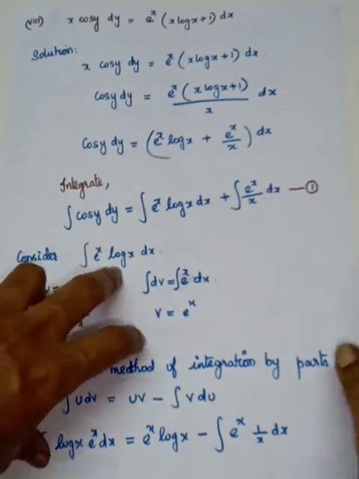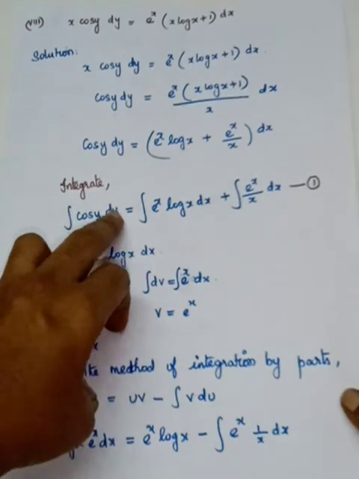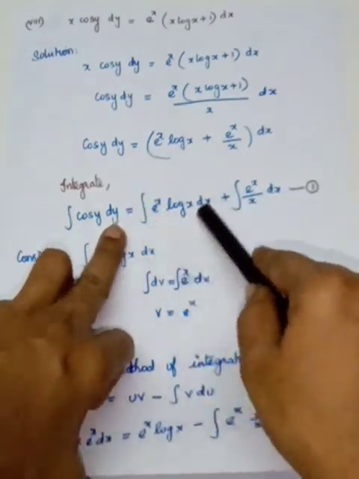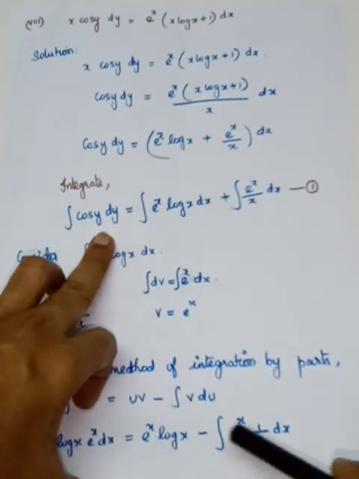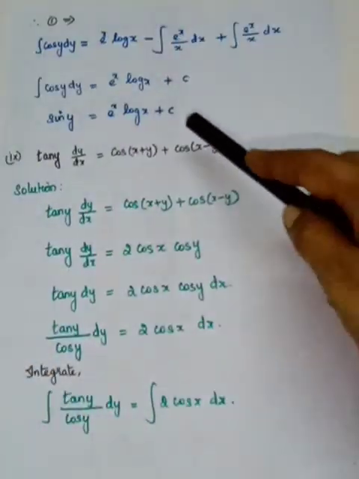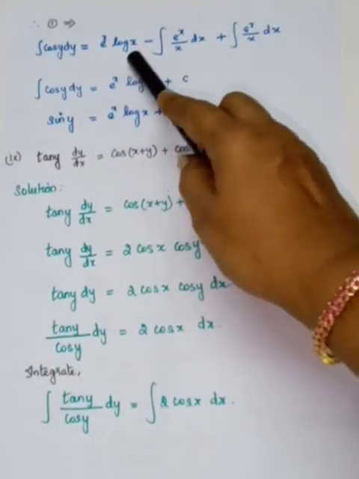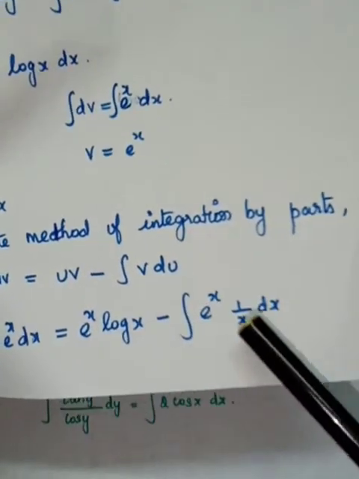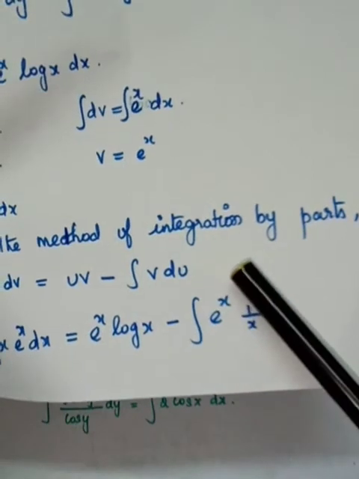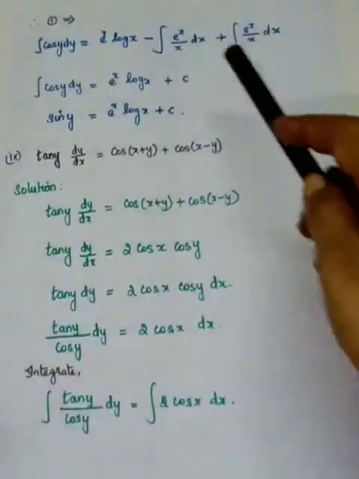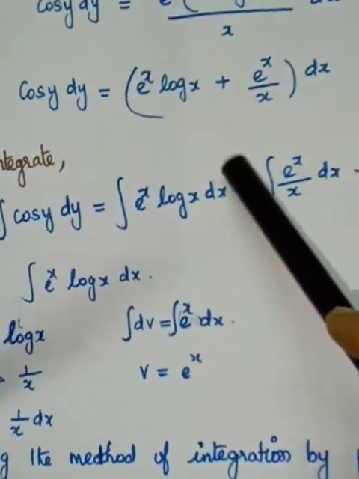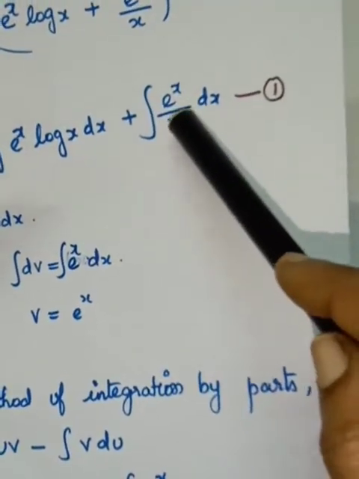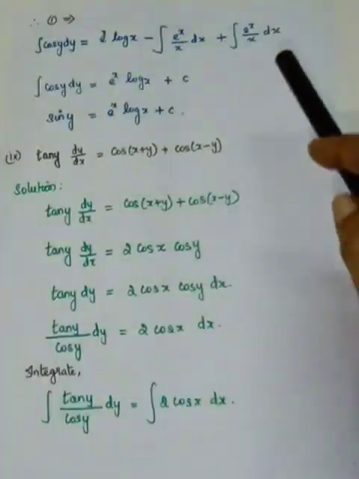So you take the first one, integral cos y dy. First you have to write this, and instead of this term you have to write these two terms. What is the term? e power x log x minus e power x into 1 by x, that can be written as e power x by x into dx. So instead of this term we have written these two steps, plus integral e power x by x into dx.